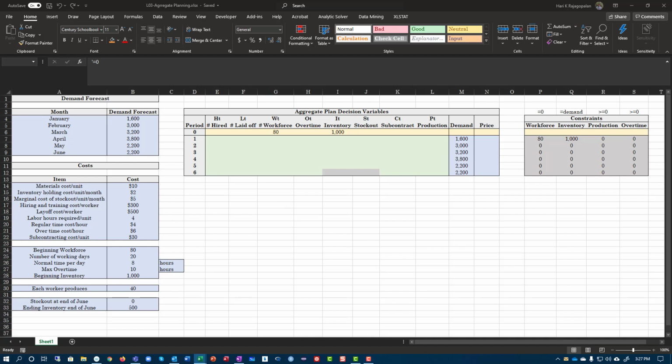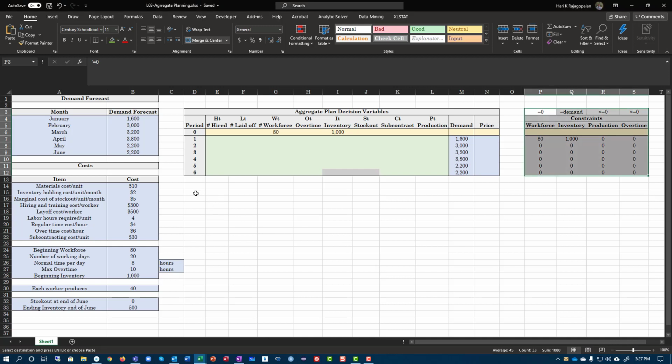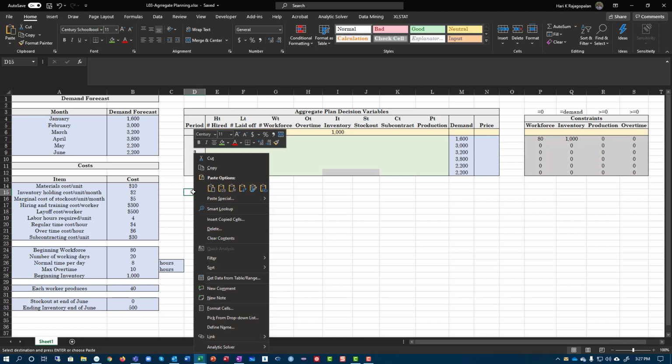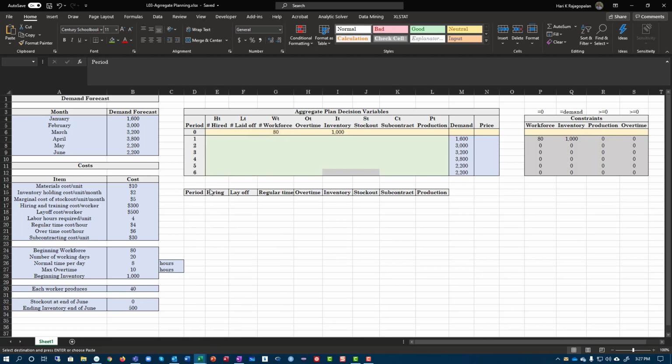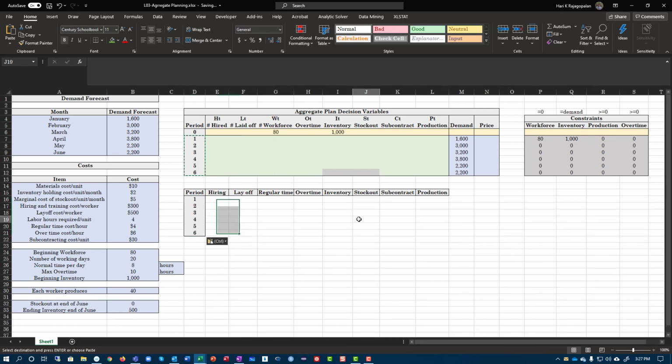So for each one of these, for hiring and for layoff, there are specific costs, right? And so we've got to copy time periods 1 to 6 and figure out what the costs are.